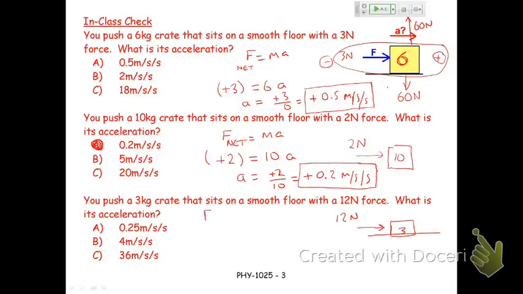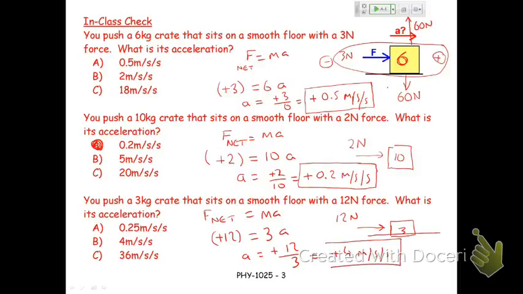So I say F net is equal to MA. Looking at my diagram, plus 12 is equal to 3 times A. So A is equal to plus 12 over 3, which equals plus 4 meters per second per second. Agreed? Everybody agree on that?